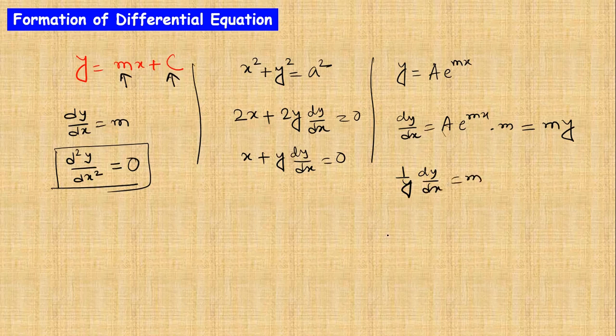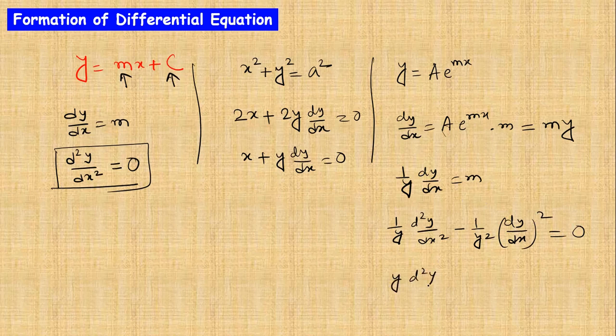If you differentiate this, at first we differentiate this one, so 1 by y d2y/dx square, and this is minus 1 by y square, and this becomes dy/dx whole square, this will become 0. So if you multiply by y square, this is y d2y/dx square minus dy/dx whole square equals 0. This is the differential equation.